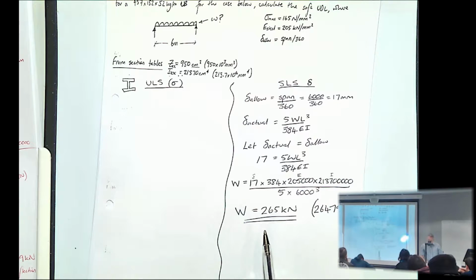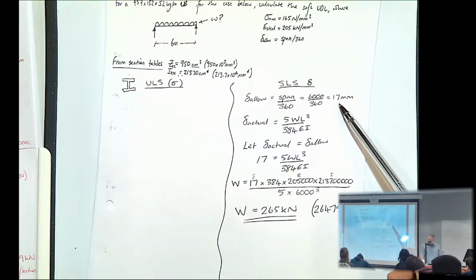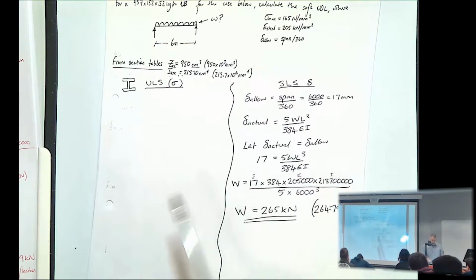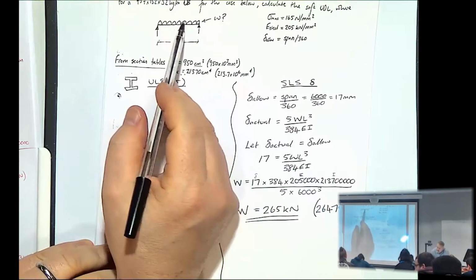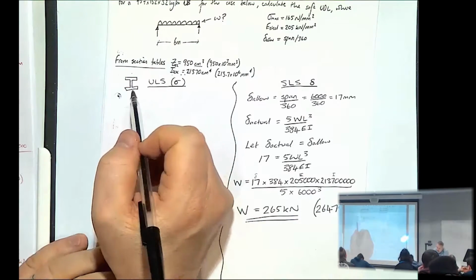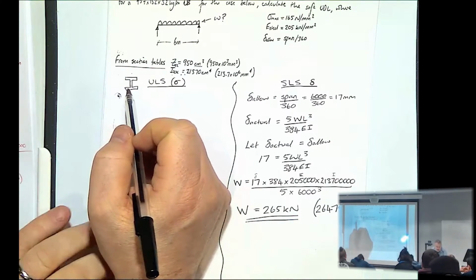Any more than 265, then it's going to deflect further than our allowable of 17 millimetres. Now what we'll do, we'll have a look at the W value based upon the strength of the material.